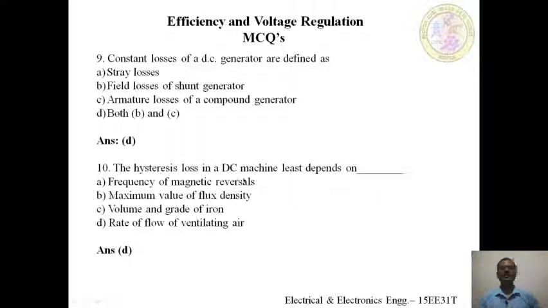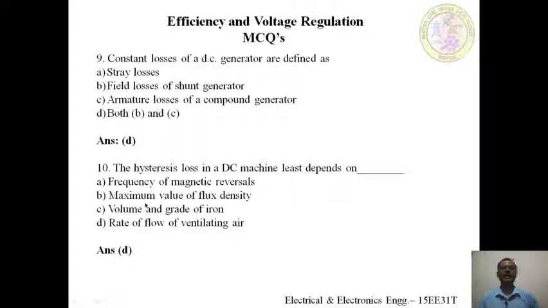The hysteresis loss in a DC machine least depends on: frequency of magnetic reversal, maximum value of flux density, volume and grade of iron, rate of flow of ventilating air. Hysteresis loss in a DC machine does not depend on rate of flow of ventilating air. It depends on volume and grade of iron, maximum value of flux density, and frequency of magnetic reversal.